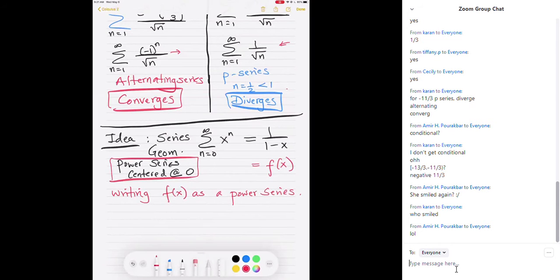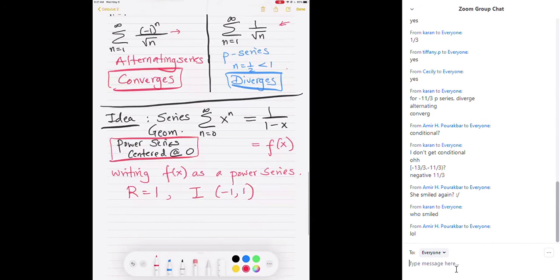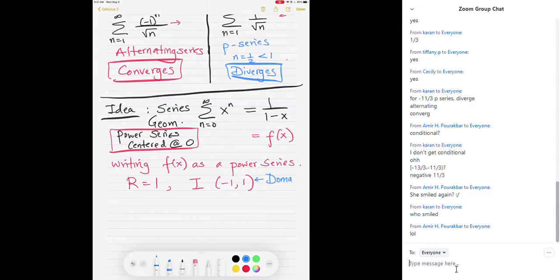Now, not only that, once you write that, you know the radius of convergence, which is 1, and you know the interval of convergence, which is negative 1 to 1. So in some ways, I want to say that when you're writing f of x as a power series, this interval of convergence is the domain of f. So as I'm writing this, are we clear about what I'm saying?